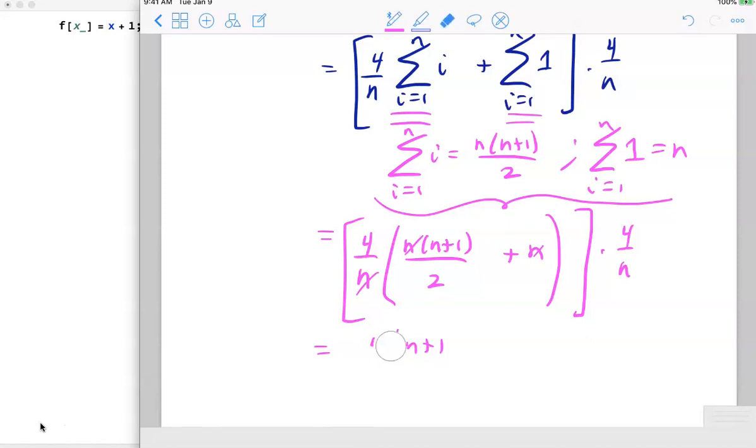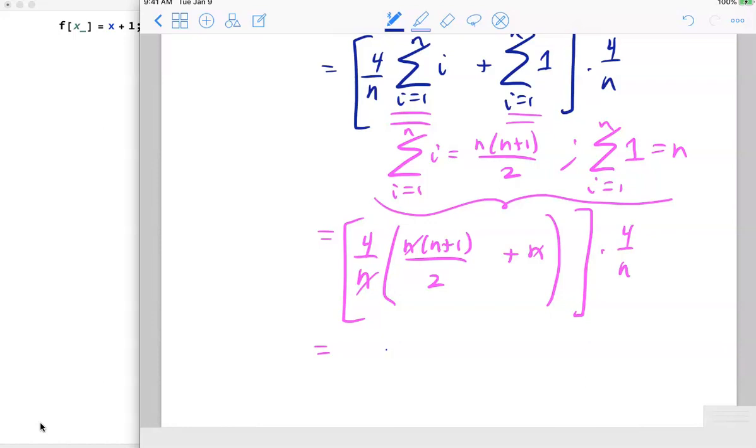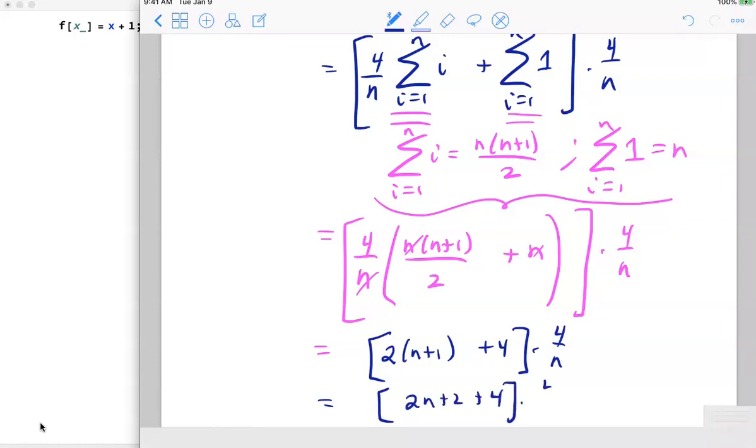Maybe I can simplify that just a little bit further. The 4 and the 2 cancel also, so we're left with 2 times n plus 1 plus 4, and all that is multiplied by 4 over n. So we will get 2n plus 2 plus 4 multiplied by 4 over n, which comes out to be, oh, sorry, let's see, 2n plus 6 times 4 over n.